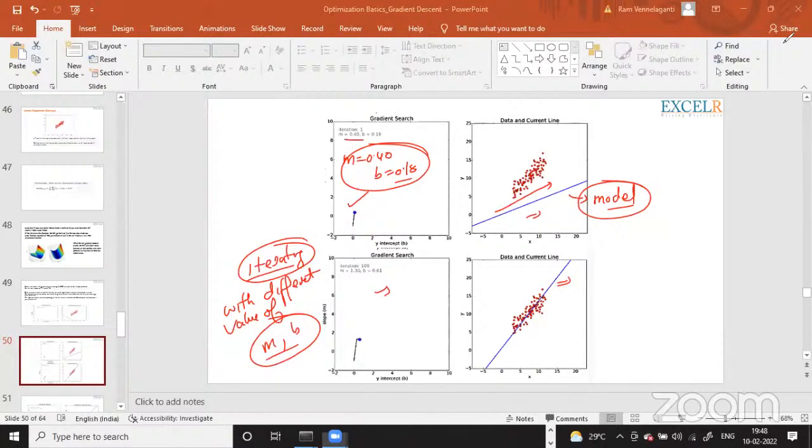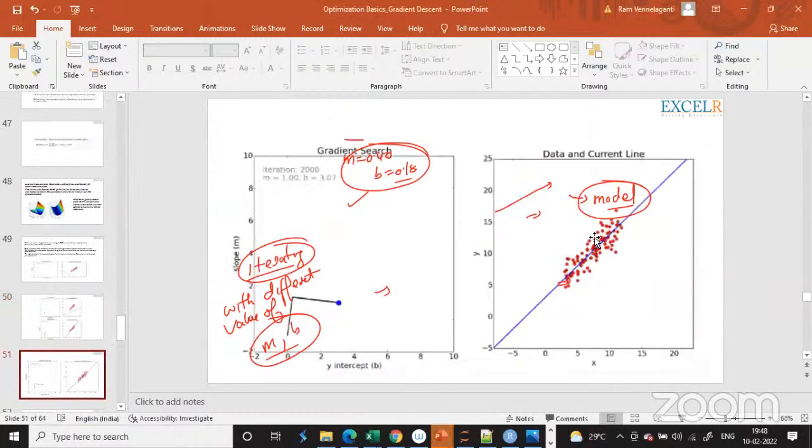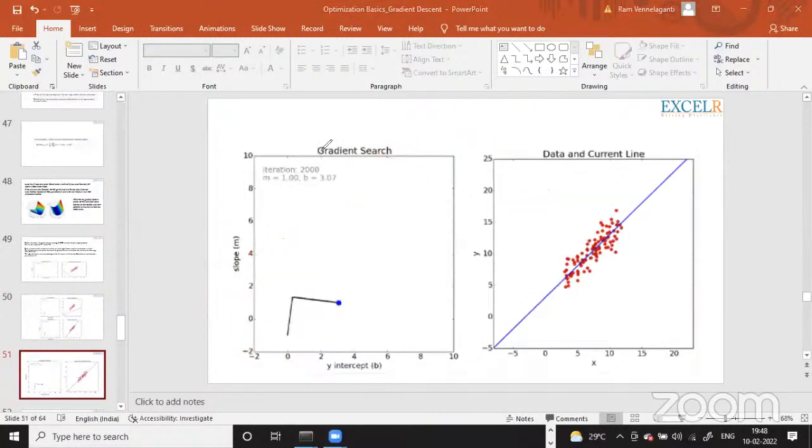So how many times are you going to iterate this? You are going to iterate 2000 times. After 2000 times, you have got your final values. M is equal to 1, intercept is equal to 3.07. You have got your slope value and intercept value. Now what are you going to do?